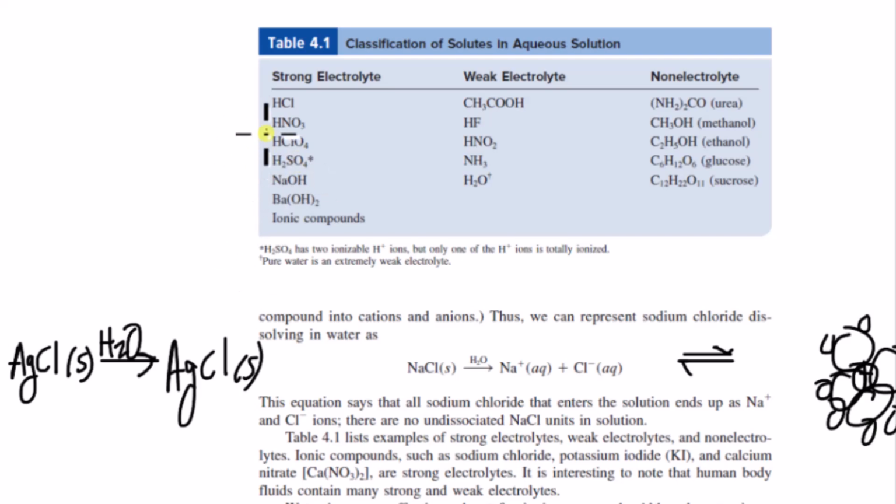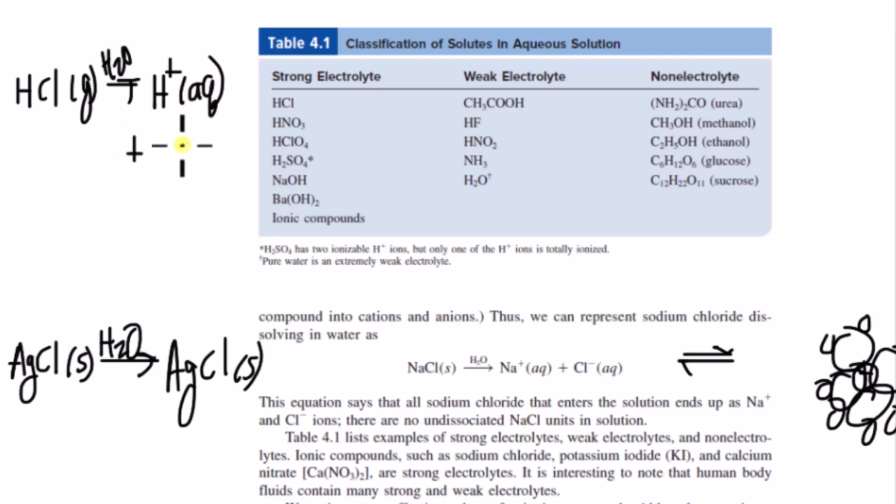But you might wonder, how would a molecular compound dissociate into ions? Well, like HCl. We'll talk about this in a second: you put hydrogen chloride gas into water, and you get an H plus ion dissolved and a chloride anion dissolved.